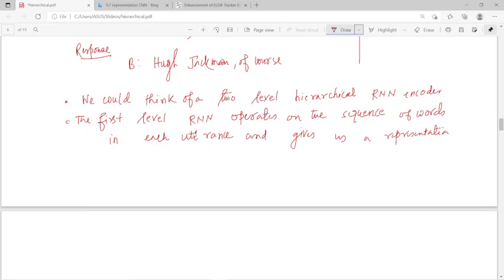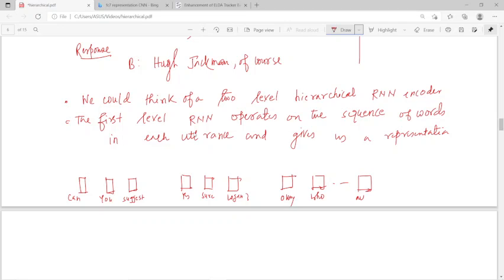What does it mean? That means it will be like that. If you see the previous picture, this is one utterance, can you suggest, like that, and this is another utterance, yes, sure, that is Logan, and then another, okay, then who is the lead actor, right?